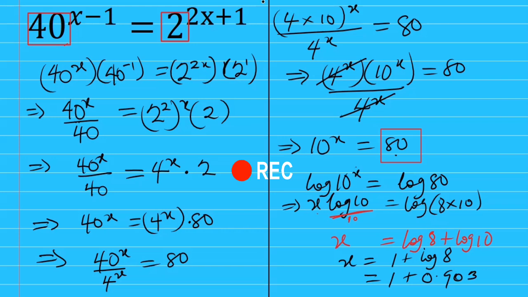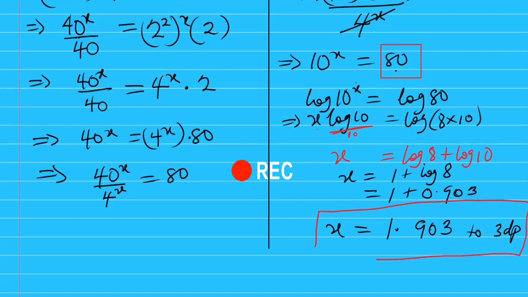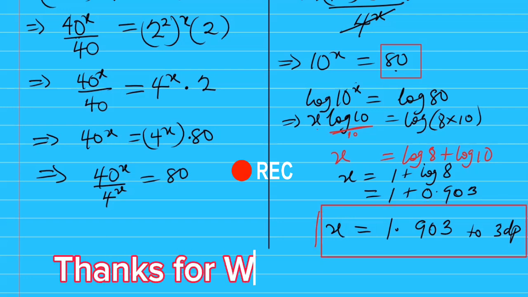So we're going to have our x to be equal to 1.903 to 3 decimal places. So that will eventually be our final answer on how to solve this one. That will be our final answer. Thank you very much for watching.